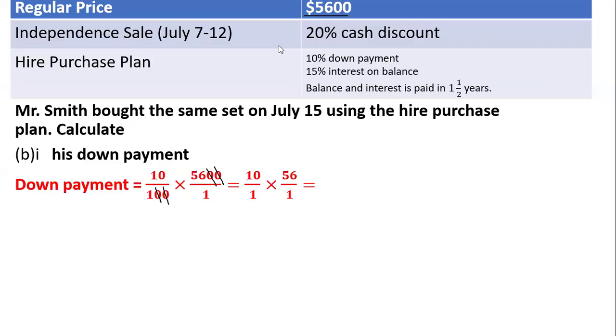Not points. We're multiplying this time. Say it again, Andre. 560. Very good. 560. So this is going to be 56 multiplied by 10.